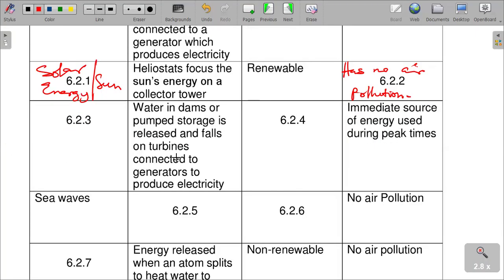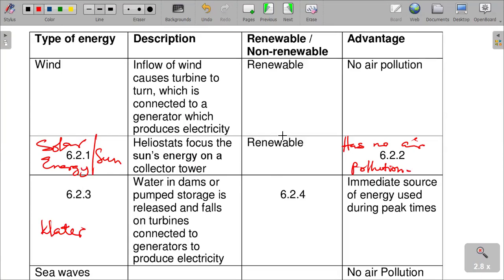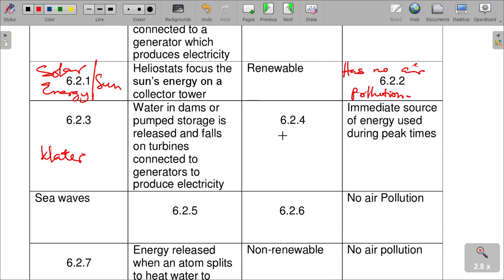6.2.3. So we are saying it is water. That is, we are saying water, and then the description, renewable or non-renewable, it is renewable energy. It is a renewable source of energy.